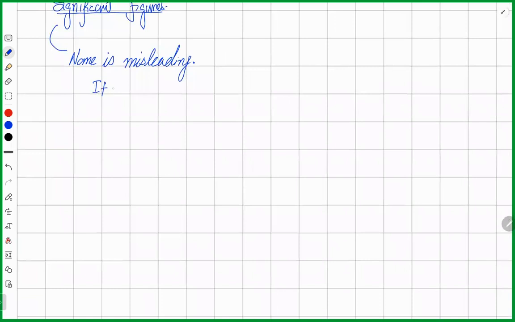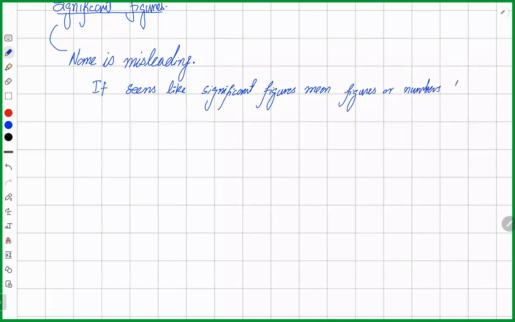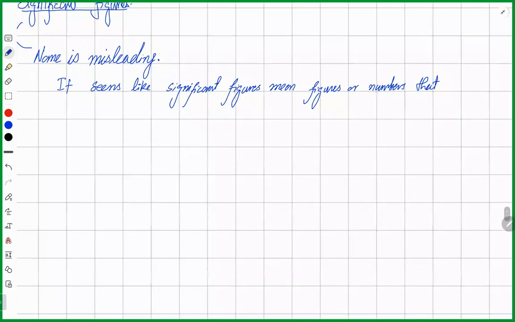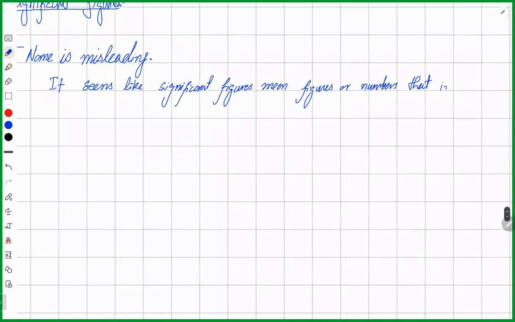It seems like significant figures mean figures or numbers that are important. It is very confusing for some students. So let's put that confusion to an end.